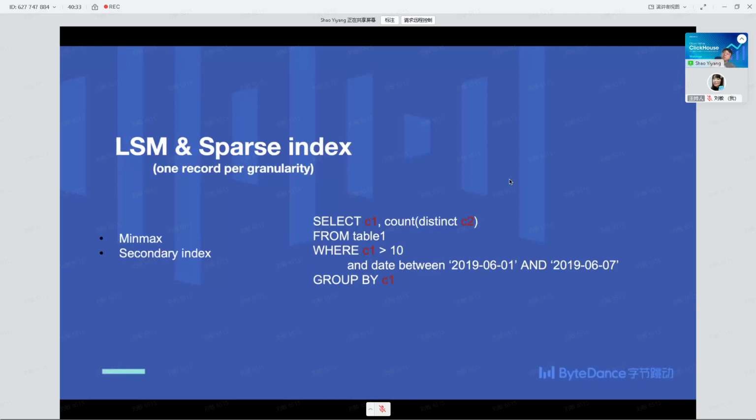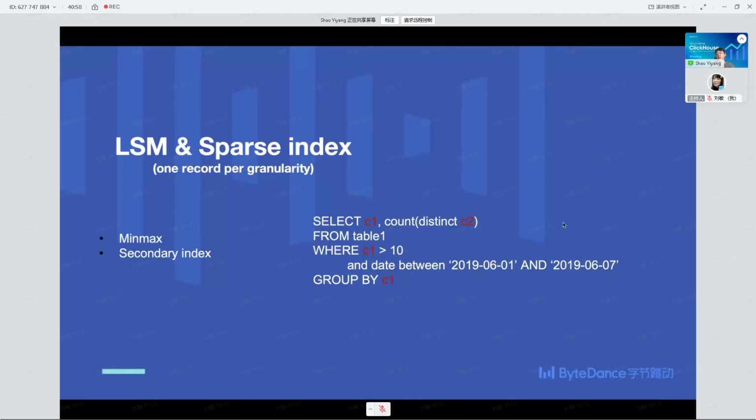And then it's about indexing. In ClickHouse, for each table, we need to assign some order key, which you can understand as a primary key in other databases like MySQL. The data is sorted according to these order keys.